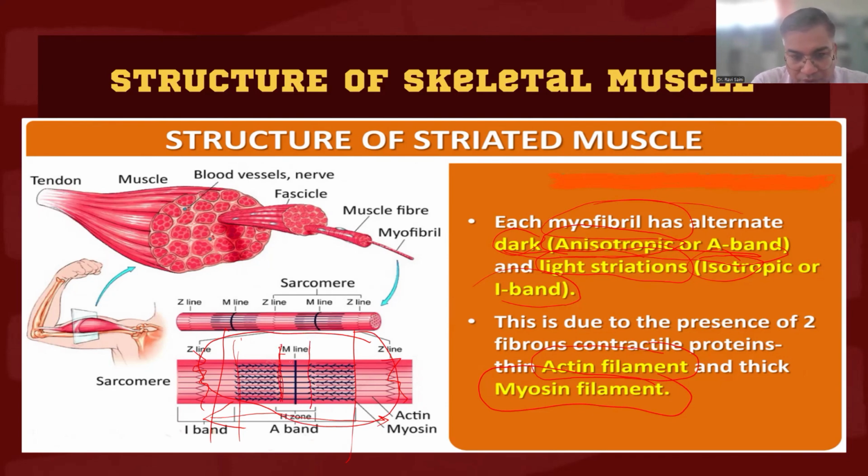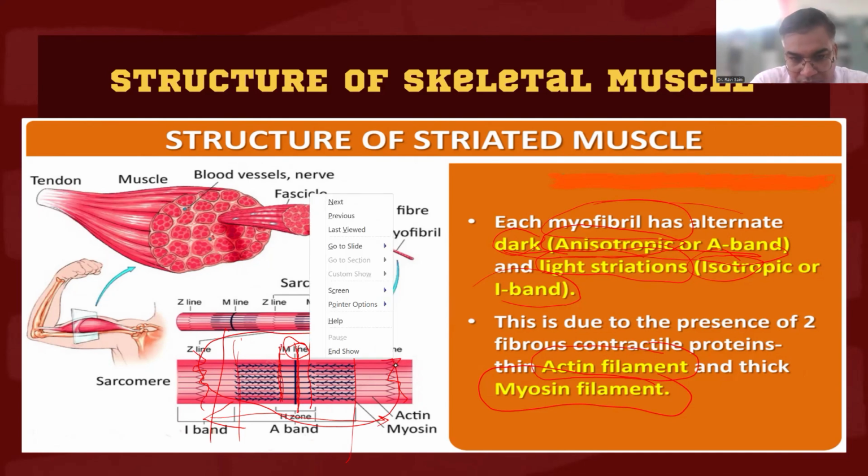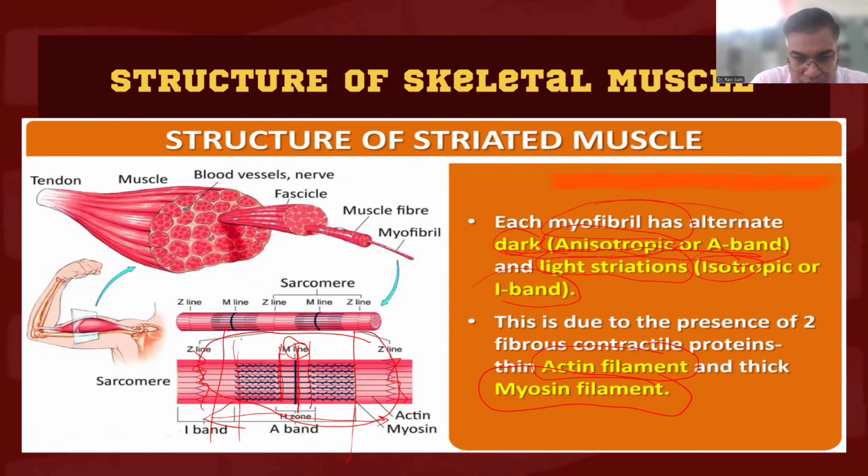This zone is called the H zone, and a line traversing the middle is called the M line. In the middle of the light band there is a Z line. So the structure between these two Z lines is called a sarcomere.